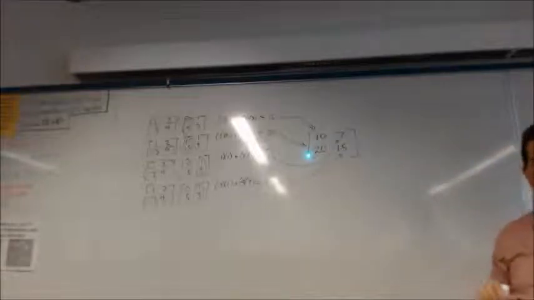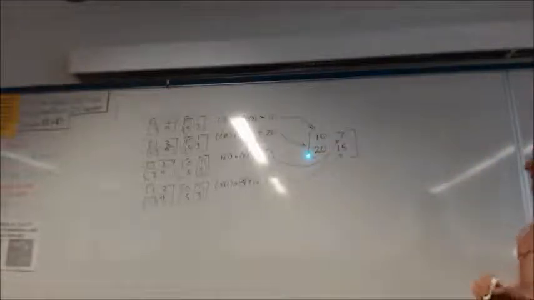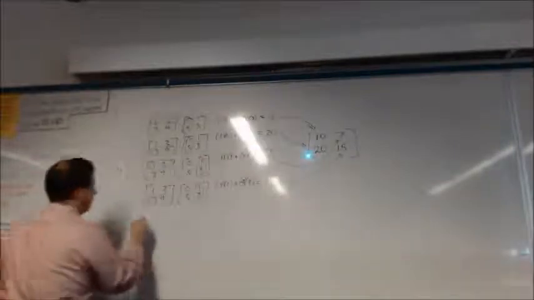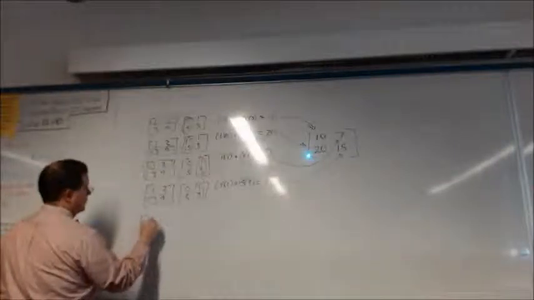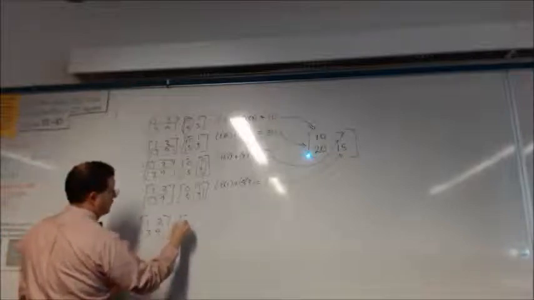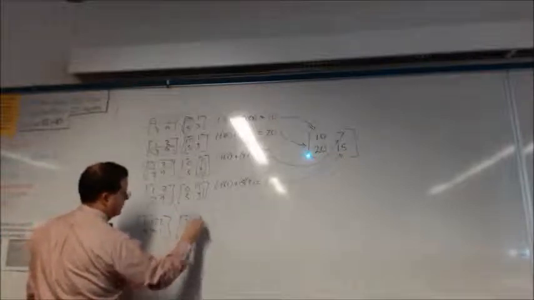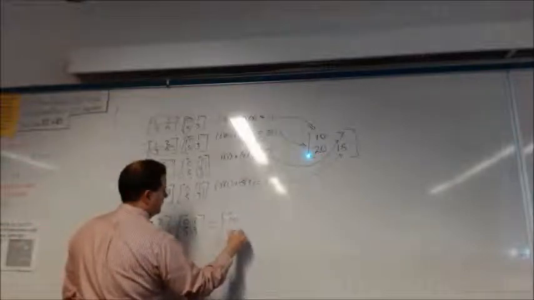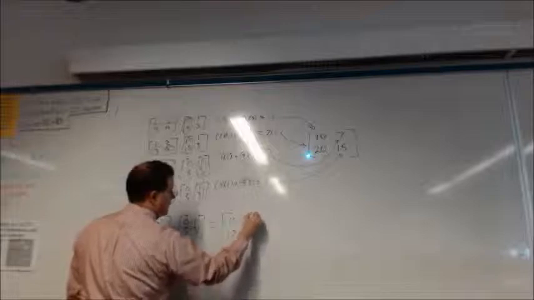Does that make sense how those go? So if we write 1, 2, 3, 4, 5, 4, 5, 3 equals 10, 20, 7, 15.